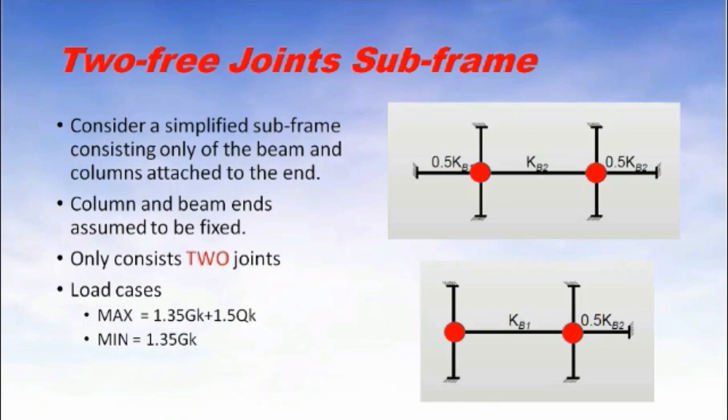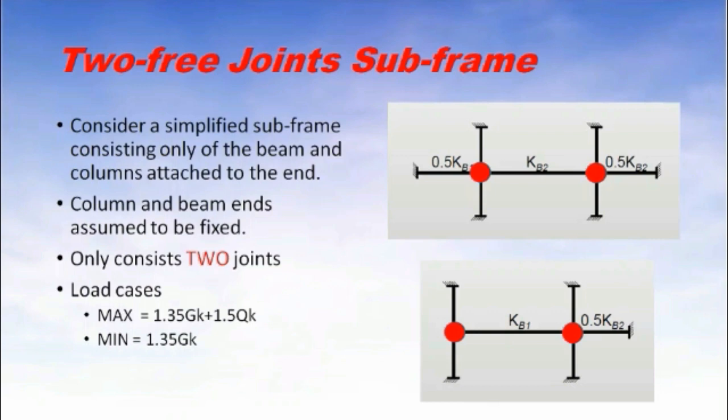The column and beam ends removed from the beam under consideration may generally be assumed to be fixed unless the assumption of pin-ended is clearly more reasonable. The stiffness of the beams on either side of the beam considered should be taken as half of their actual values if they are taken to be fixed at their outer ends.